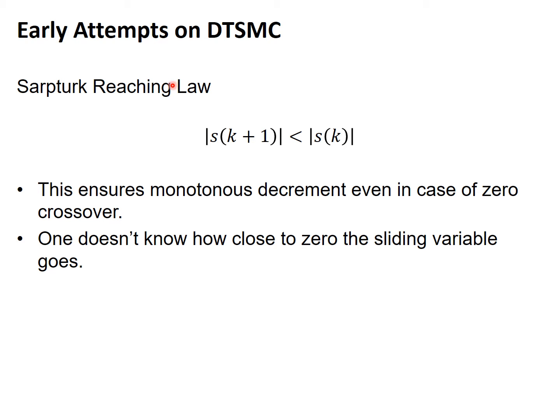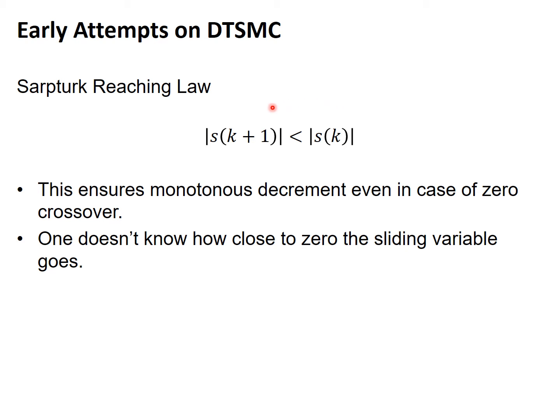Sharptooth said that you simply restrict the magnitude. In the next step, the magnitude of s(k+1) must be less than the magnitude of s(k) at this step. So in the next step, the magnitude must decrease from what it is in this step, and this is simply talking about the magnitude.